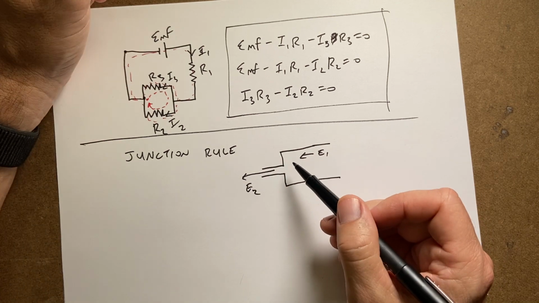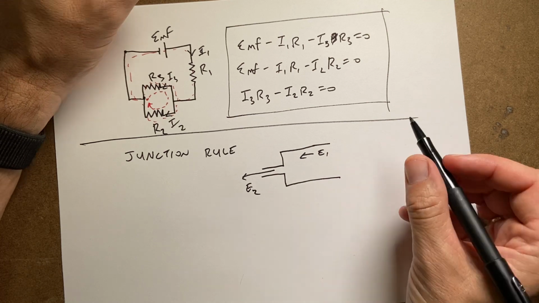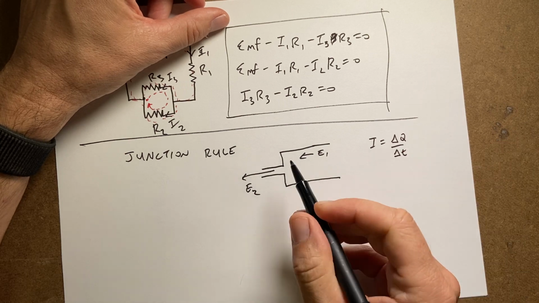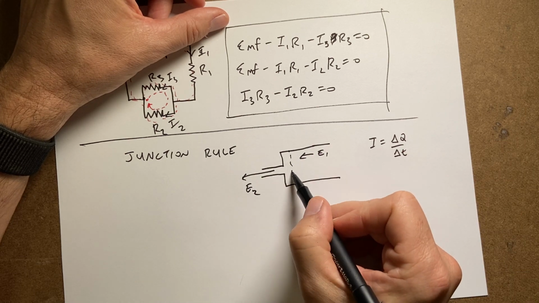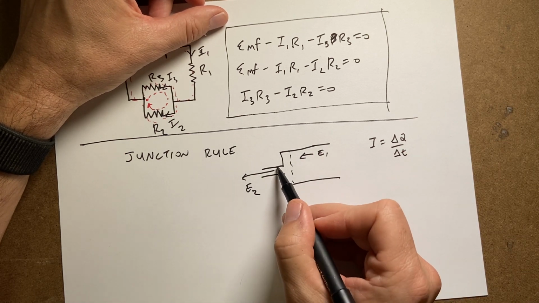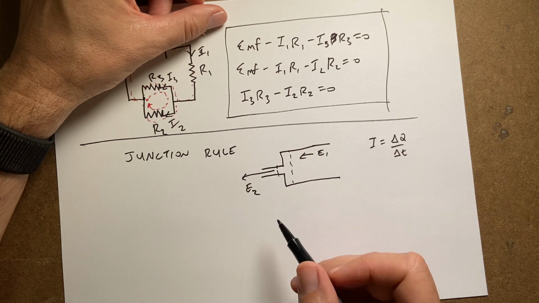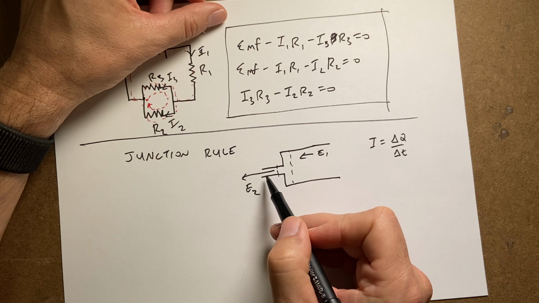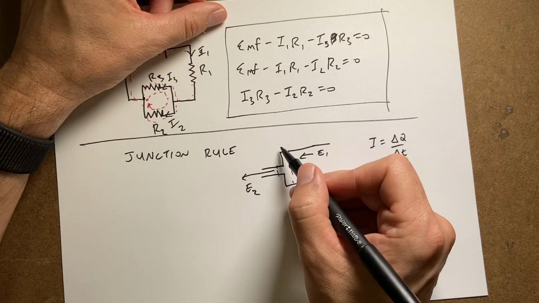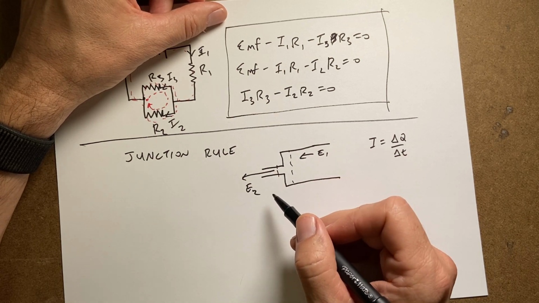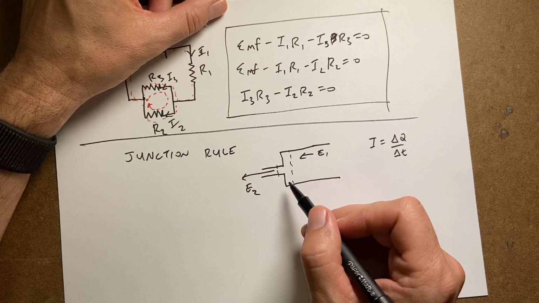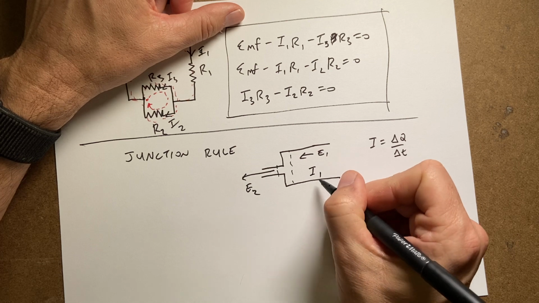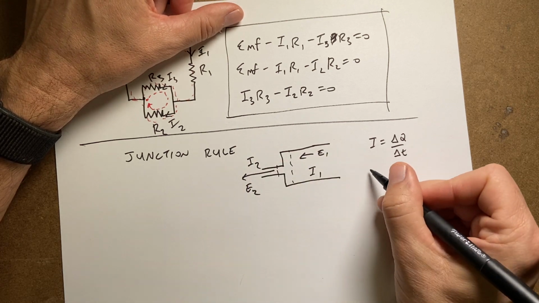So if current is the flow of charge, then at this point, the flow rate has to be the same as at this point. If it's not, then the amount of current coming into that point would be different than the amount of charge leaving that point, and so I'd get a charge buildup right here, which I don't get. So the only way to not get a charge buildup is I1 and I2 have to be the same.